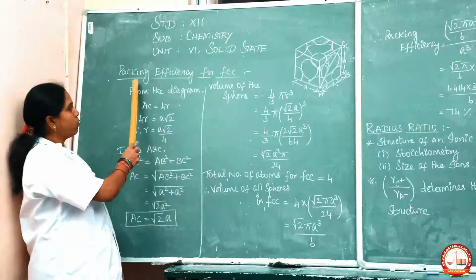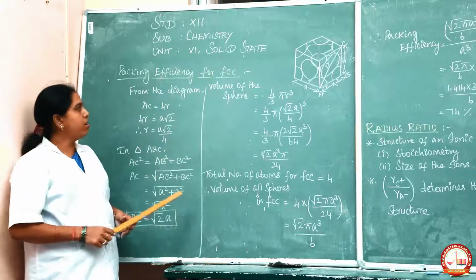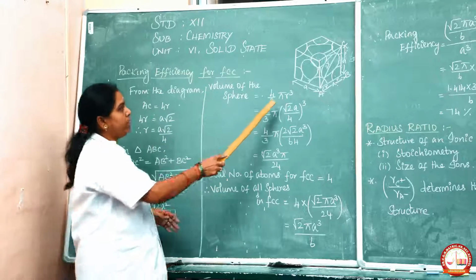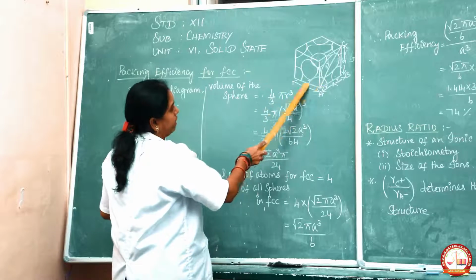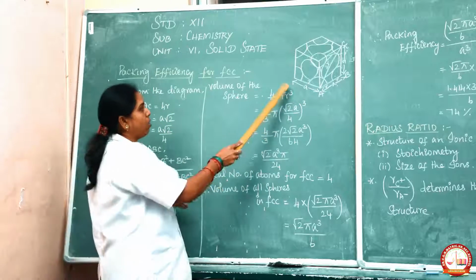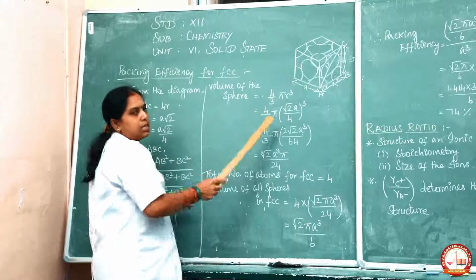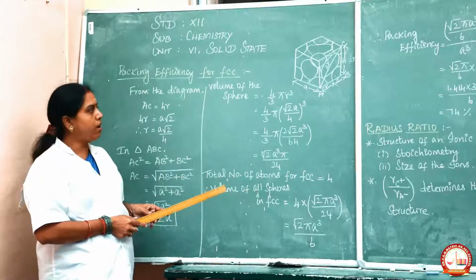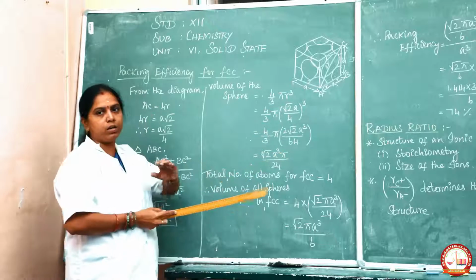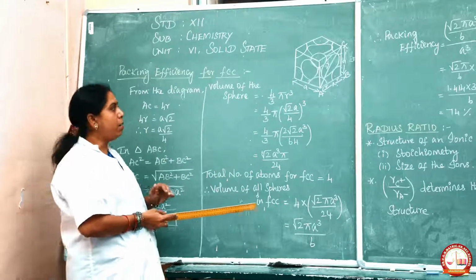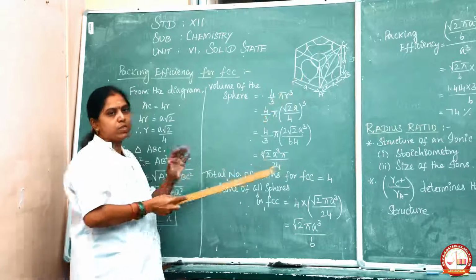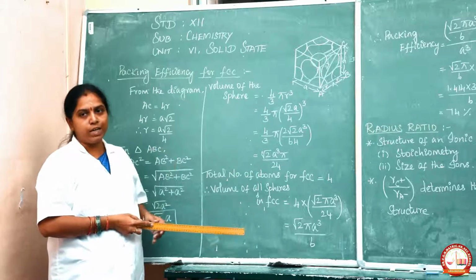Next we will discuss the packing efficiency for the face-centered cubic system, FCC. Here we are seeing the diagram for FCC. The atoms are arranged along the edges as well as at the center of each face, and the atoms present along the edges are not in contact with each other, but these edge atoms are in contact with the one present at the center of each face.